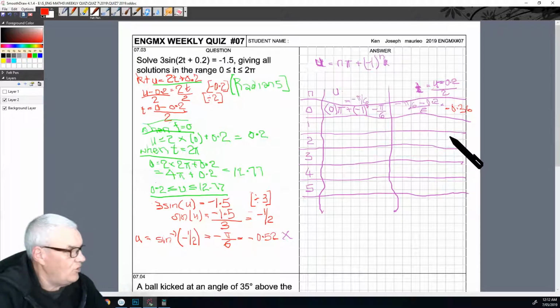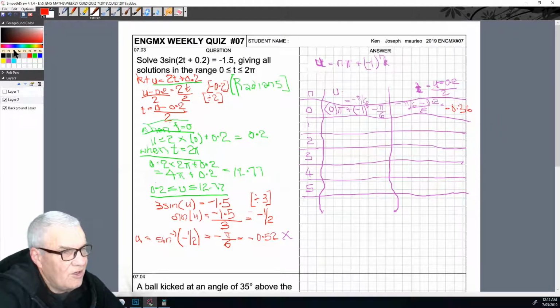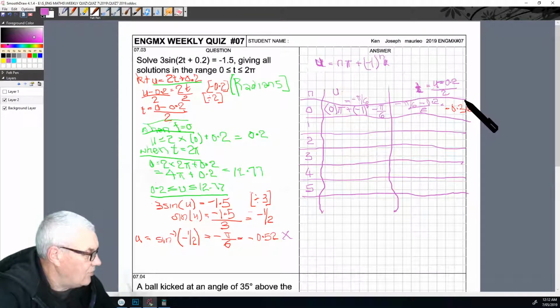But that's no good because that's outside the range. Outside of the range, no good. Okay, so we'll cross that one out.